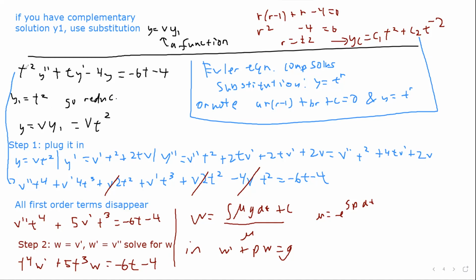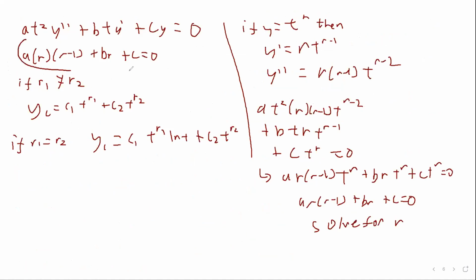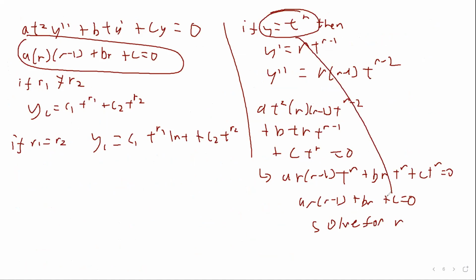Euler is just a form of this thing. The shortcut is either this thing or this thing, which gets you this thing slowly.